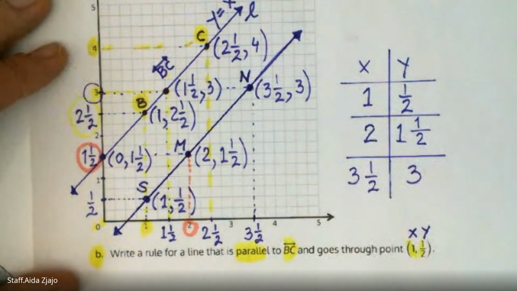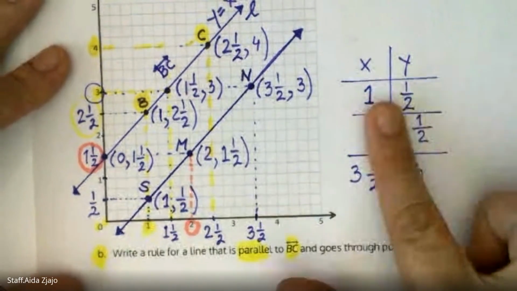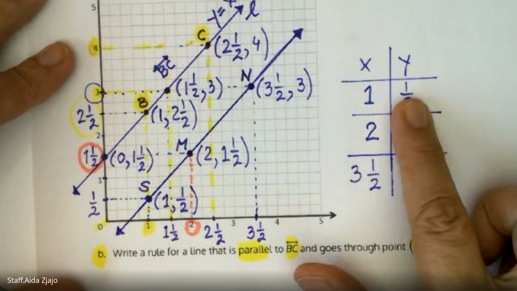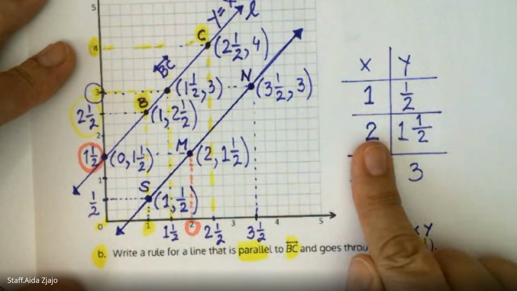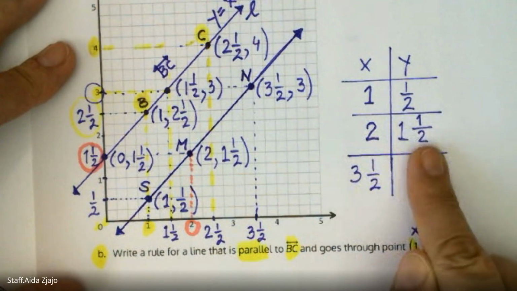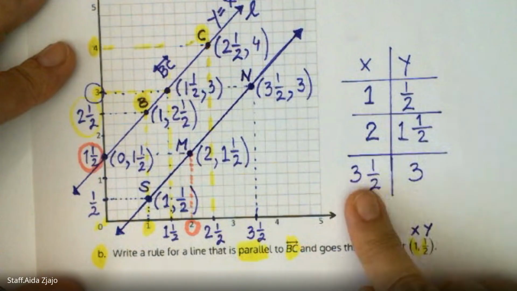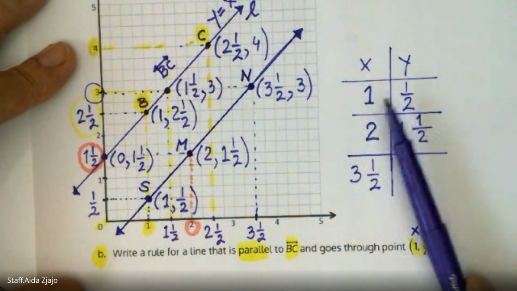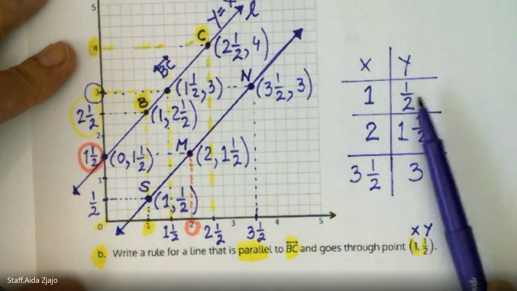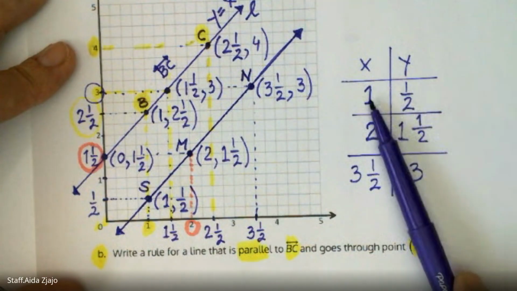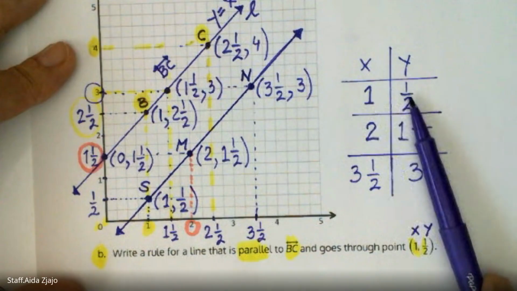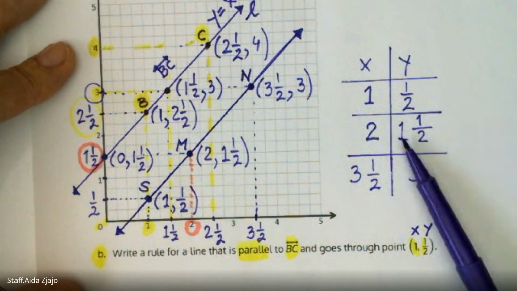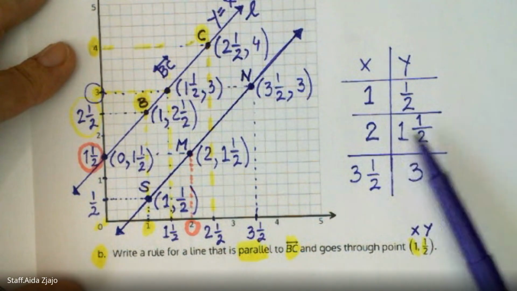So I look at the relationship between x and y. If x is 1, my y is half. So my y's get smaller. If x is 2, my y is 1.5. If my x is 3.5, my y is 3. So I can see that for every x, y is half less. If x is 2, minus 1/2 is y, 1 and 1/2.